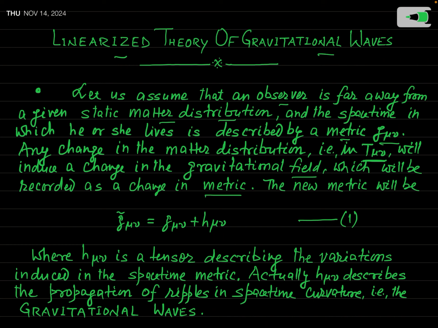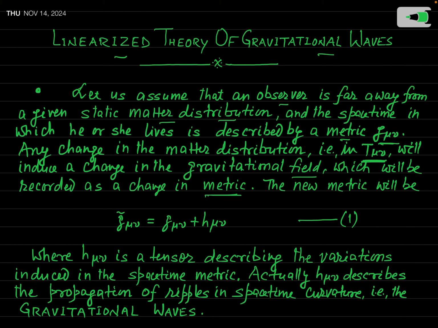This will change the value of metric g mu nu, and the change in g mu nu will change the energy stress tensor T mu nu, and this change in T mu nu will induce a change in the gravitational field, and this change in gravitational field will lead to a change in the metric. So in the presence of the external perturbation, the metric g mu nu will get changed.